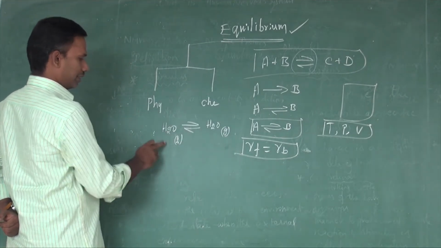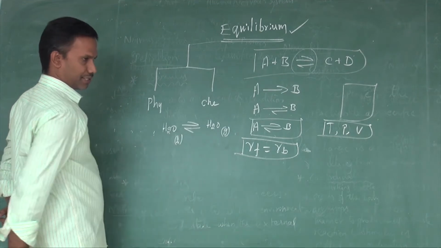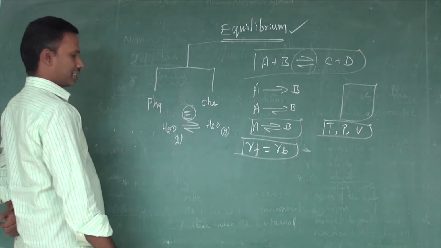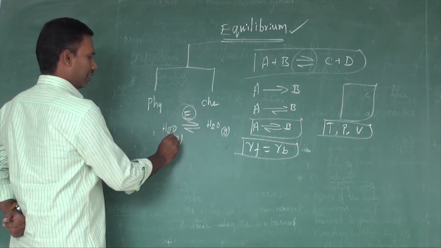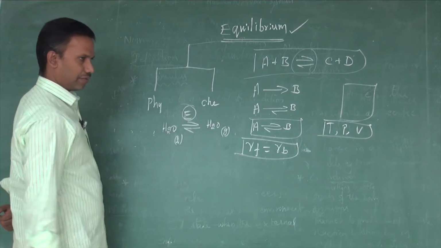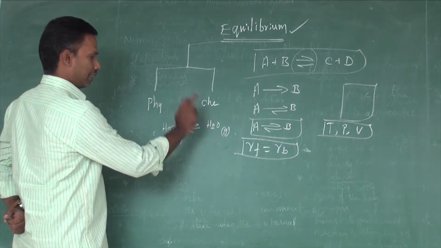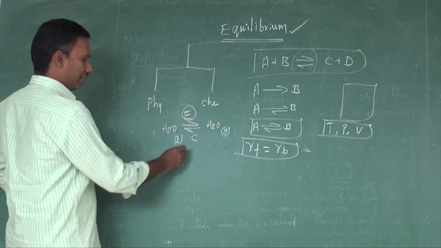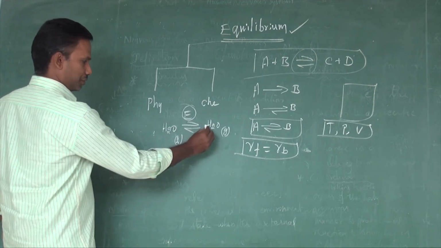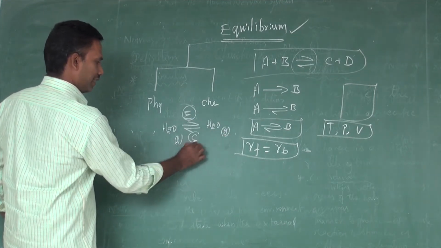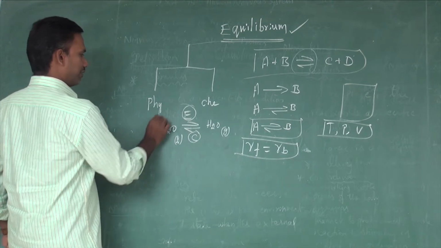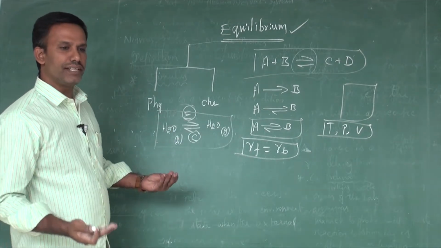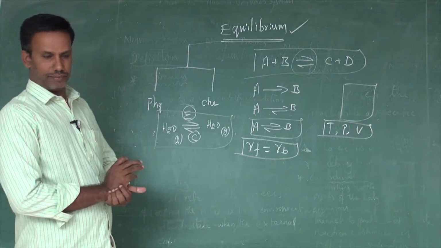Both are water, but in the form of liquid and in the form of gas. When evaporation takes place, water liquid becomes water vapor, or water gas. This process is called evaporation. When the gas is condensed, you get water liquid. H2O gas is condensed to give water liquid. This is called a physical equilibrium, that is, equilibrium in a physical change.